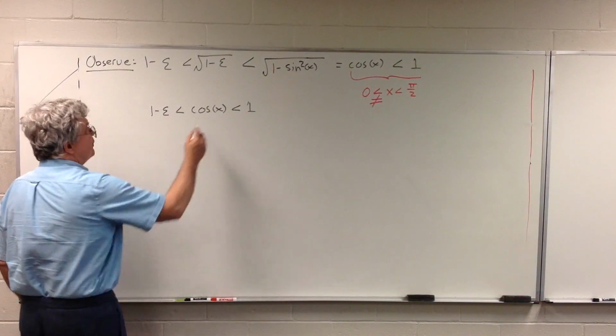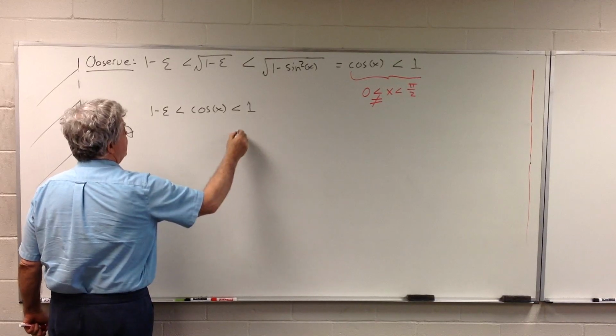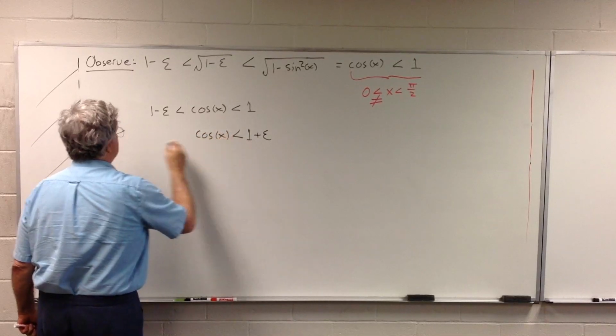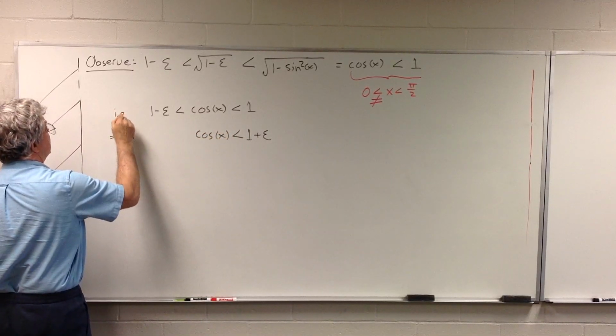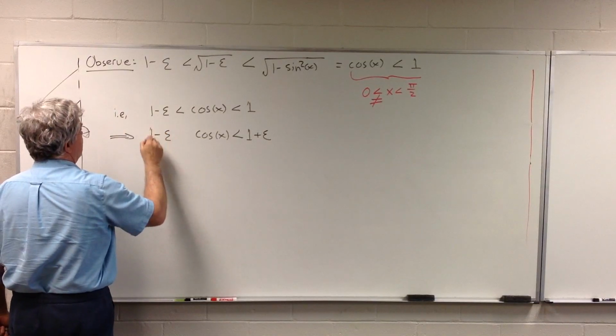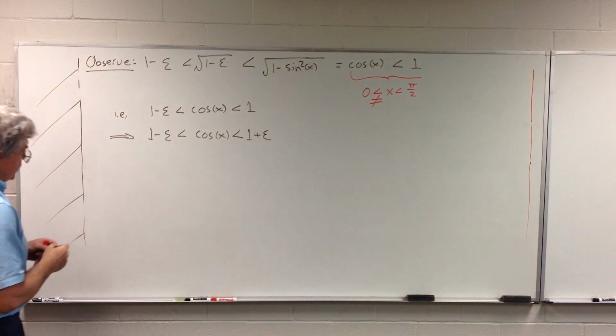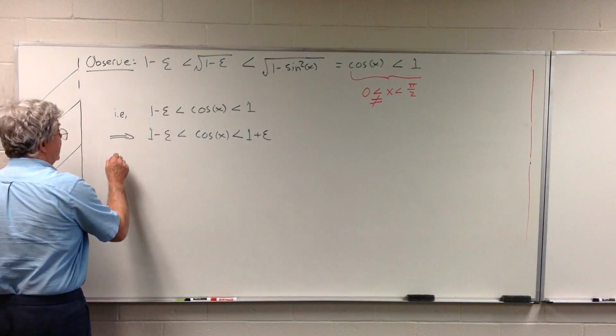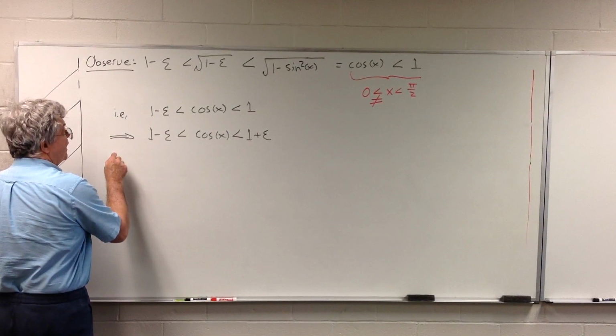Well, if cosine of x is less than 1, then it's definitely less than 1 plus epsilon, isn't it? What does it look like I'm about to do here? 1 minus epsilon less than something less than 1 plus epsilon. Oh my goodness, what am I about to do here?